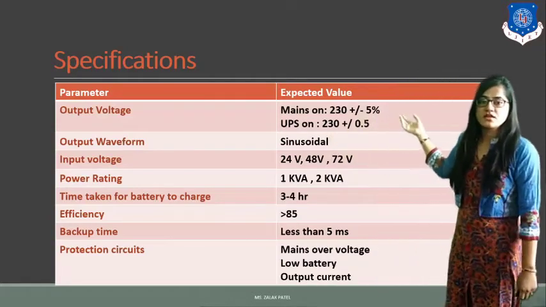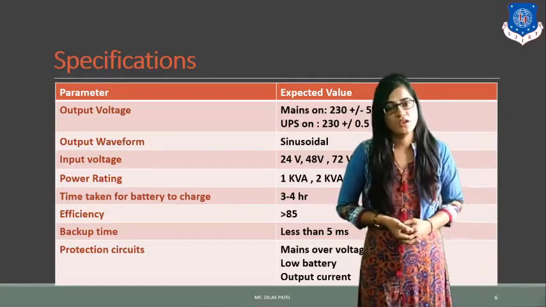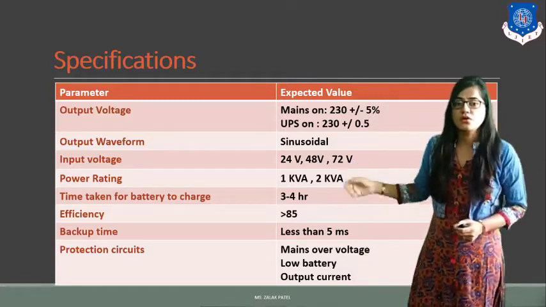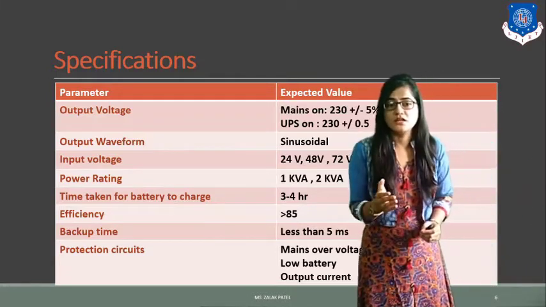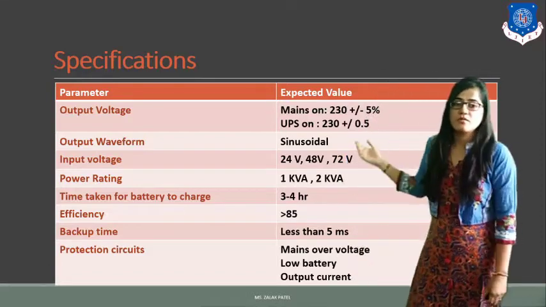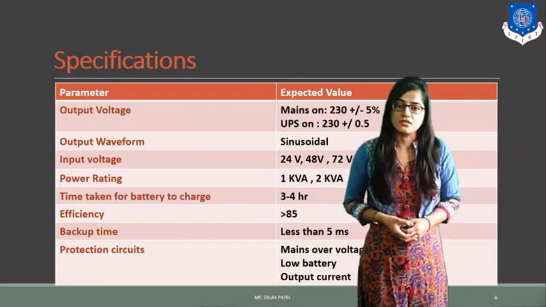For the main static switch, it will be 230 volts plus or minus 5% variation. In the case of the UPS static switch also, the output voltage is 230 volts, but the difference is in the percentage of variation, which can be 0.5%.